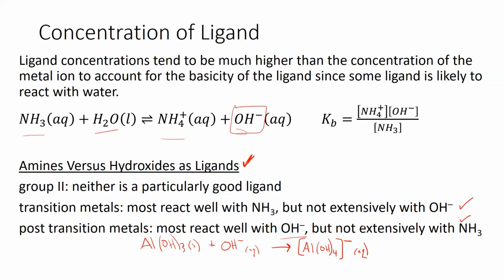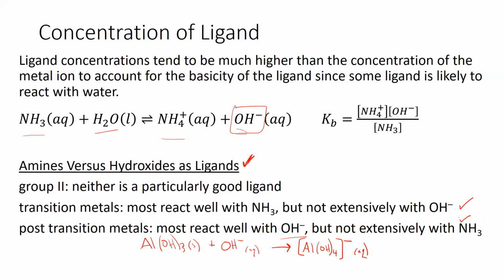So there's a little bit of interesting things with the chemistry here, but aluminum, right? Aluminum is to the right of the transition metal, so that's going to react better with hydroxide, whereas most of the transition metals are going to react more with ammonia. That being said, there's a lot of trivia in this that I'm not forcing you to memorize.